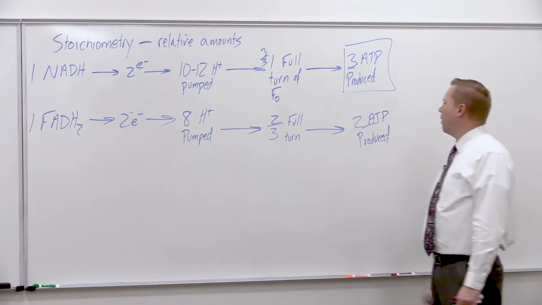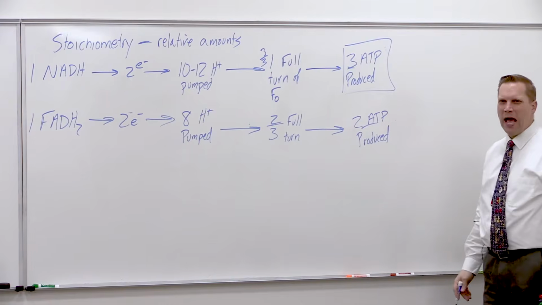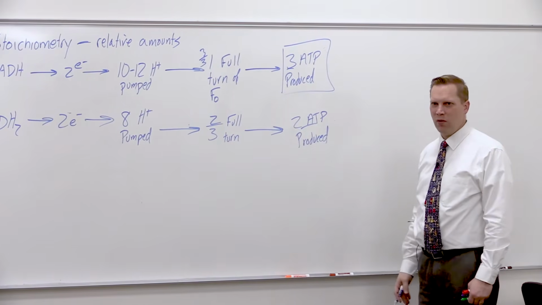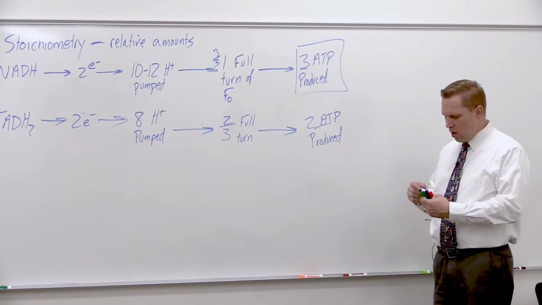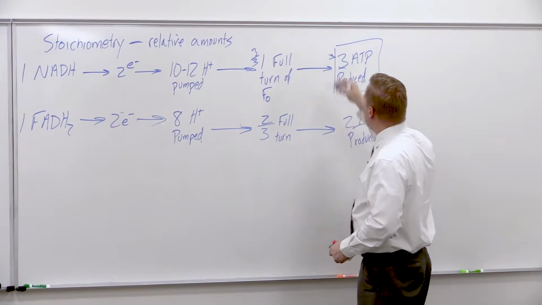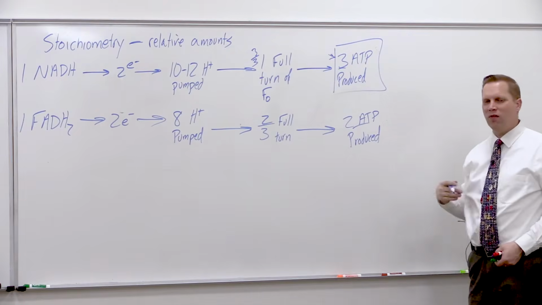And so we're only going to get about 2 ATPs out of our FADH2s when we run them through the electron transport chain.